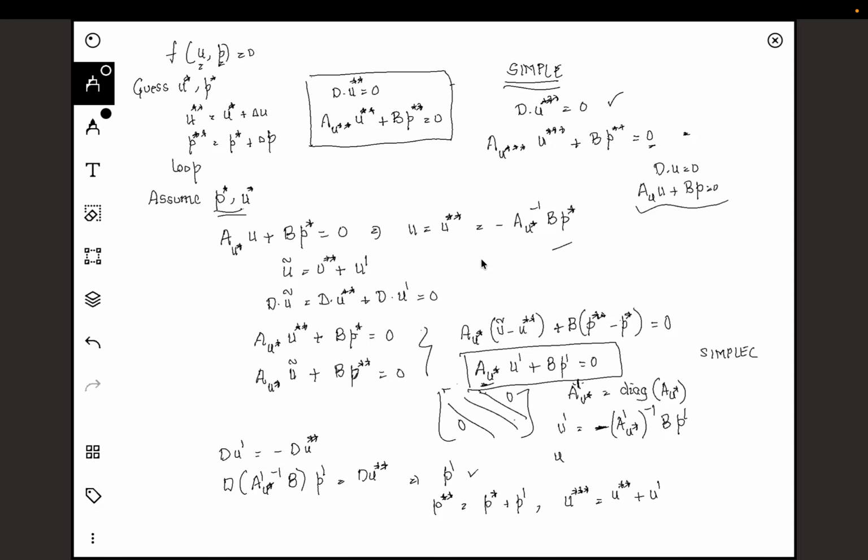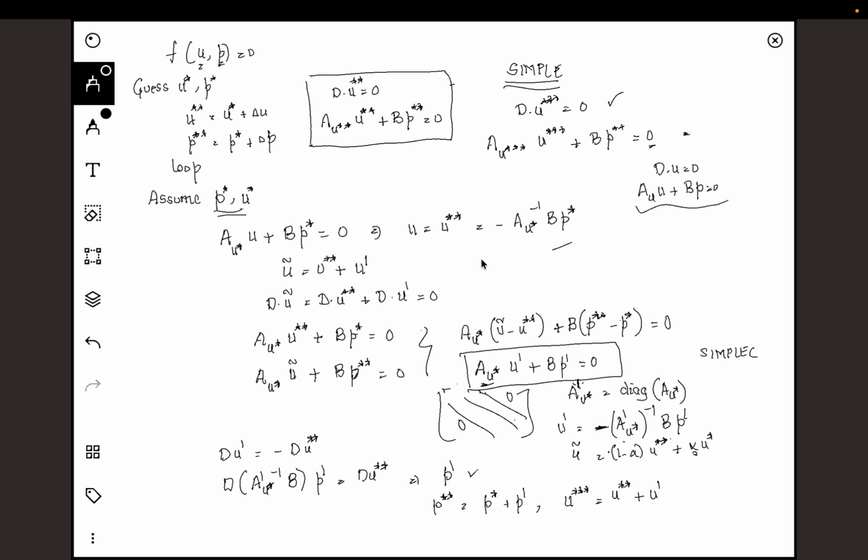When I do the next update, say u double star or u tilde, I won't directly use the u prime, but I will use something like (1 minus alpha) into u double star plus alpha into u star. Similarly, pressure I won't directly use for updating. We will use some under-relaxation so that we can control the stability of the algorithm, so I have to use a very low value of alpha.